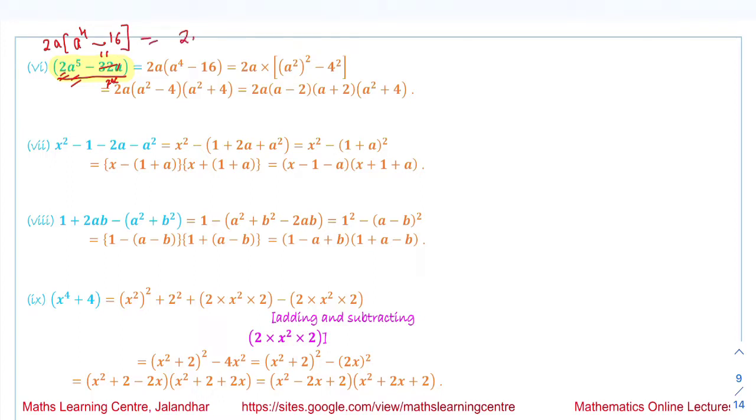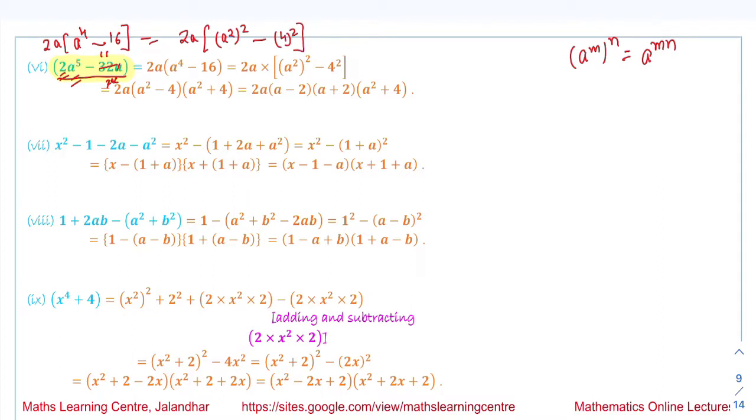And you can write this as 2a into a raised to power 4. You can write a raised to power 4 as a square whole square, that we already know. A raised to the power m, whole raised to the power n is equal to a raised to the power m into n. Minus 16, you can write it as 4 square.